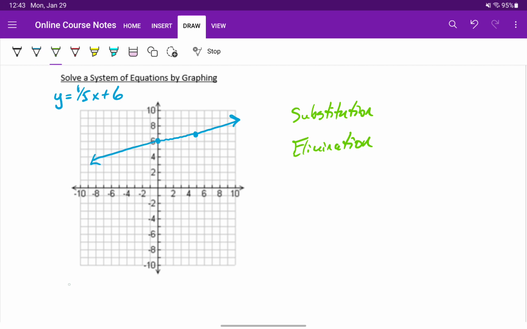Then we can graph that second equation, y equals -3/5 x plus 10. We'll start with that y-intercept of 10 and use our slope to move down 3 and over 5.